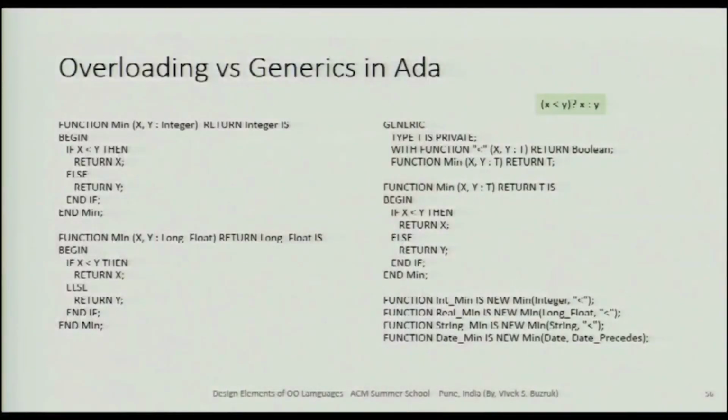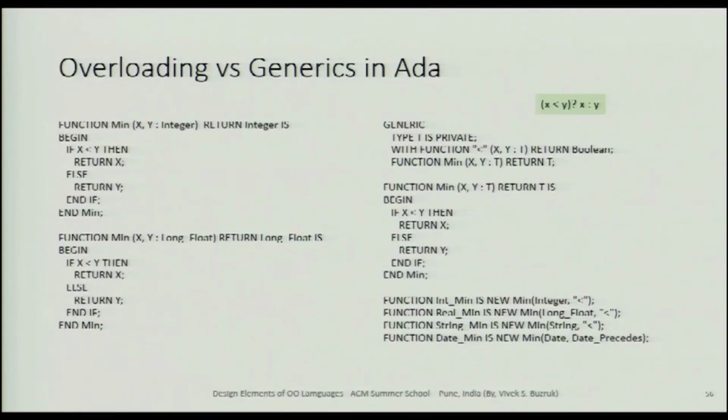Ada kind of languages also allow this kind of overloading, and I will not get into more details, but I just want to highlight one part. This is a kind of overloading, where min is defined here, but you can use a generic in a very systematic way to avoid too many overloaded functions being defined.